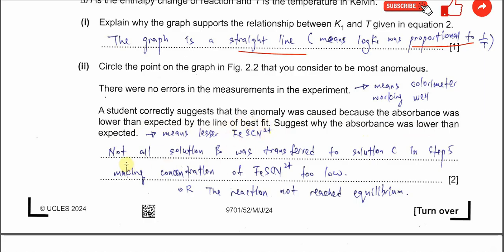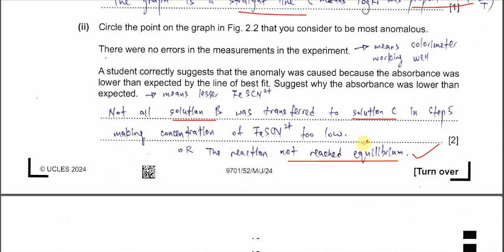So it's caused by not all the solution B being transferred to solution C, meaning it's not exactly 5 cm cube added to solution C. That's why the product produced is lesser than expected. Or you can say that the reaction did not reach equilibrium. This one is still acceptable.